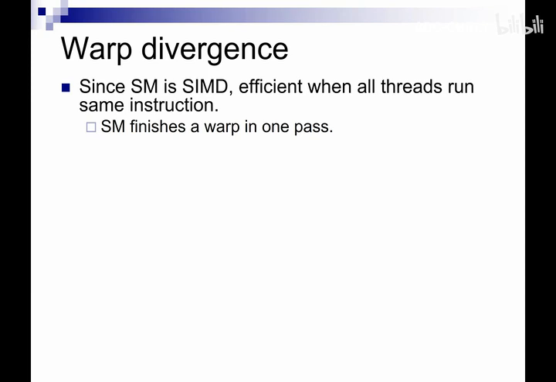If they all do the same instruction, then the SM can run the entire warp in one pass. Because we have 32 cores and 32 threads, in just one iteration, we can complete all 32 operations for the warp.